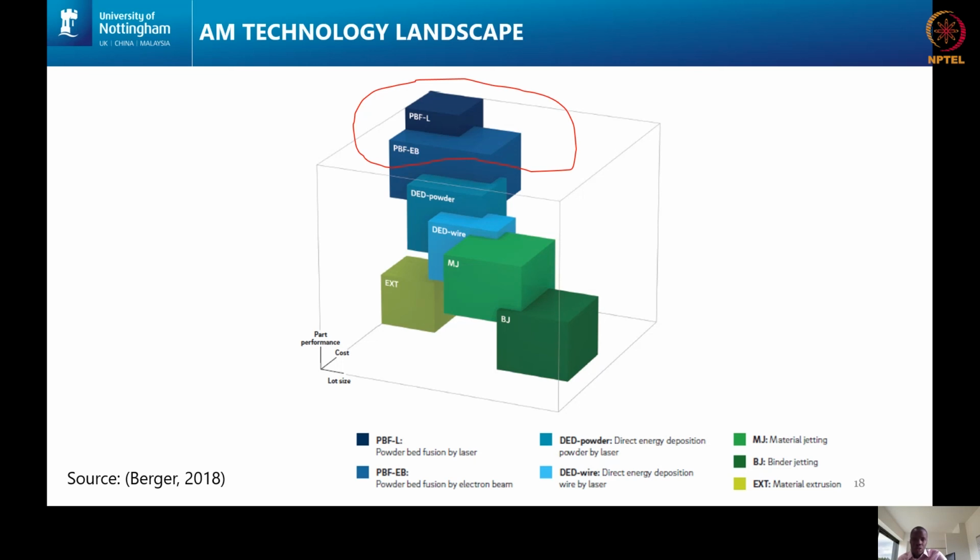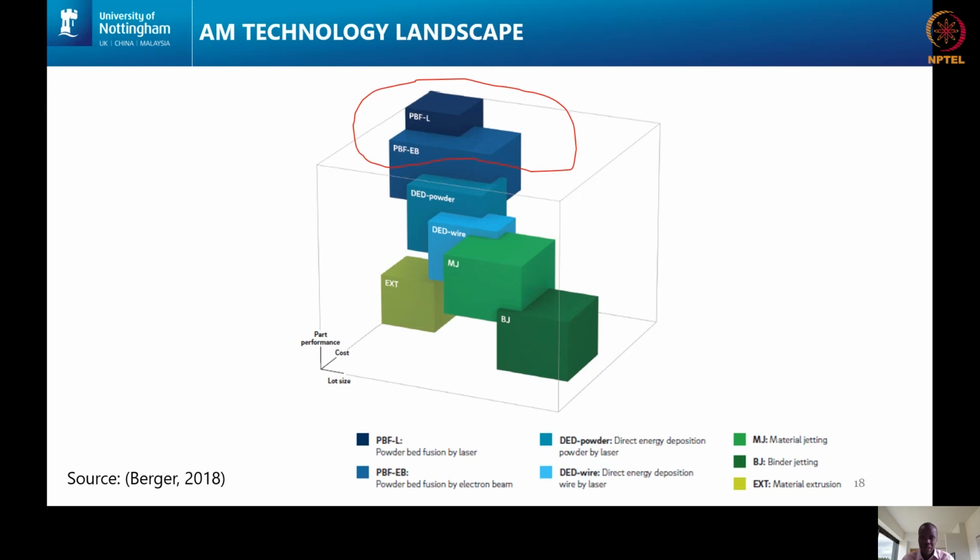The popular ones known as the powder bed fusion processes, direct energy deposition, binder jetting, material jetting. It feels like a murky landscape at the moment, and a lot of processes are trying to find their niche in the additive manufacturing space. So niche in terms of production cost, production volume, and also the performance of end-use parts.